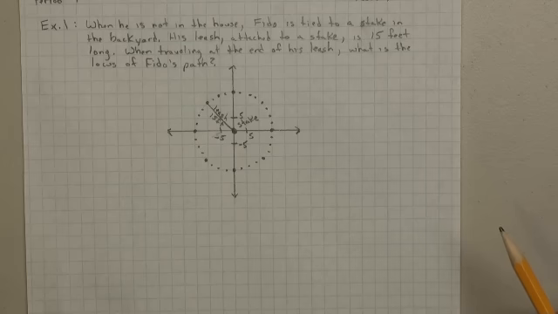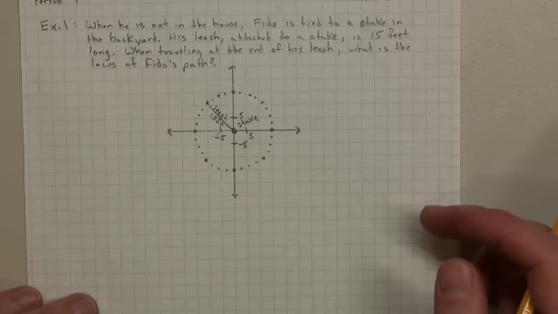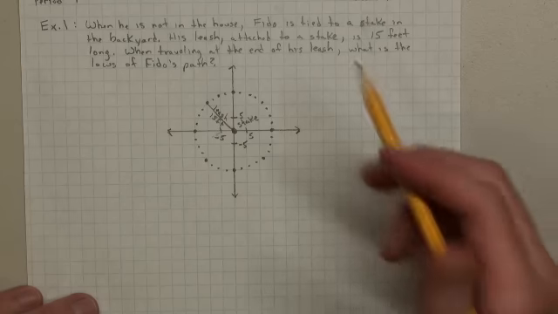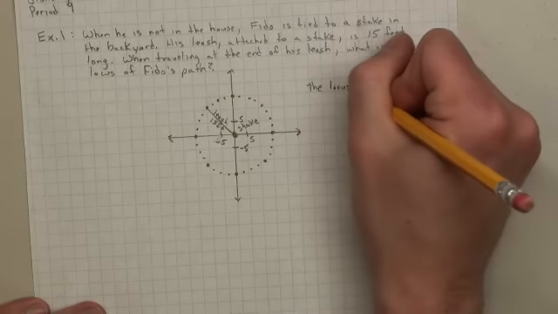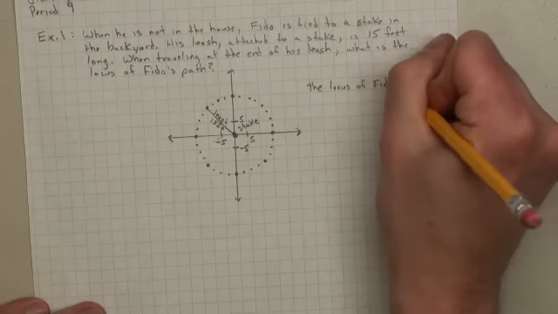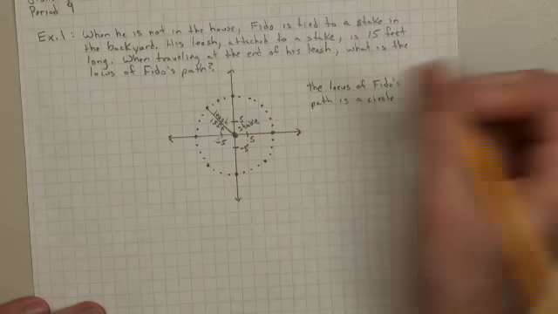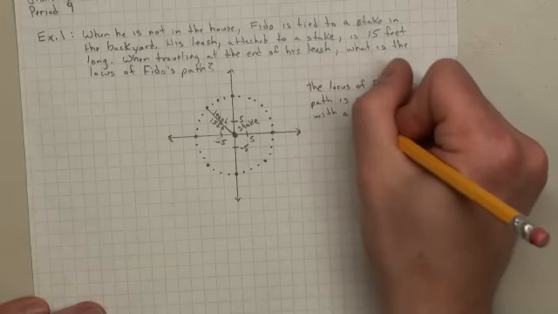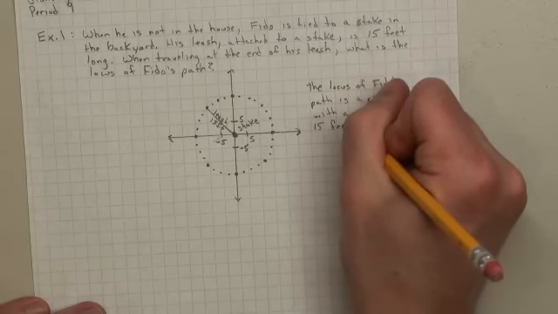And how we would write the answer to this problem down would be, let's say, the locus of Fido's path is a circle with a radius of 15 feet.